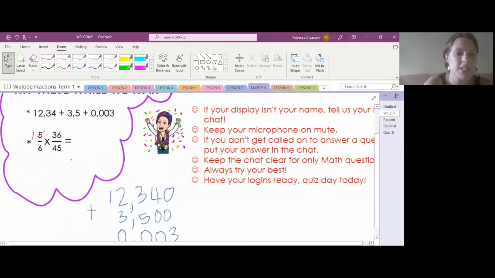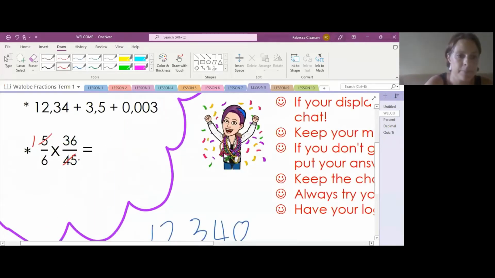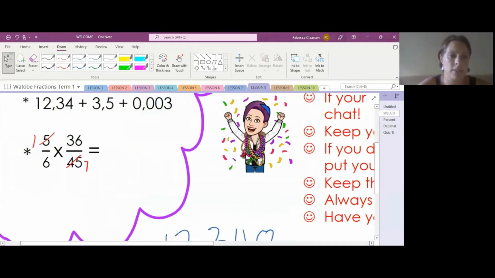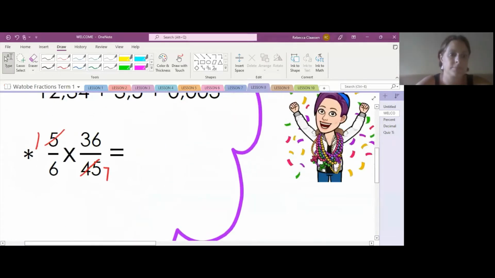Then it was 7 times. Then I went to the following one. So I asked myself how many times can 6 go into 6, which was 1. Then I asked myself how many times can 6 go into 36, which is 6 times. Then I said 1 times 6 equals 6.